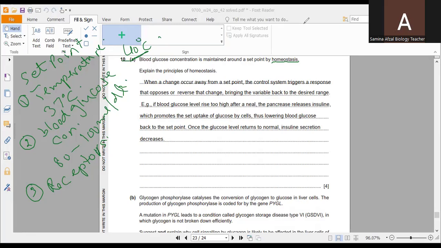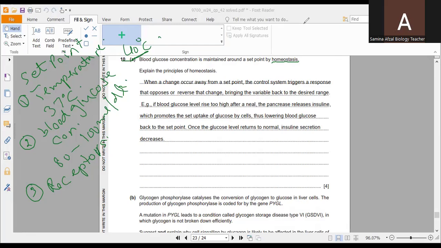Because 37 degrees centigrade is a set point. Likewise, there can be a change in the blood glucose concentration. If we are taking a high sugar diet, the blood glucose concentration will increase, for example to more than 130, 140 or 150 milligrams per deciliter.